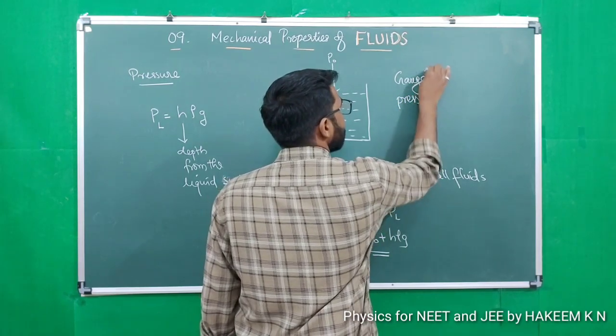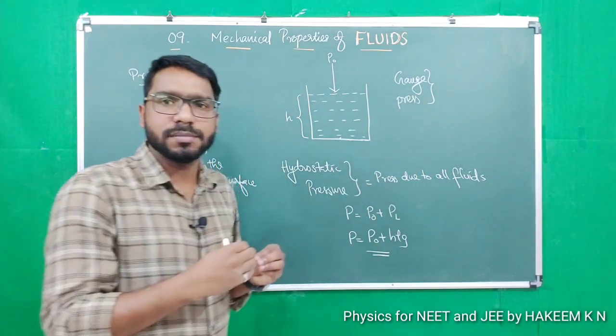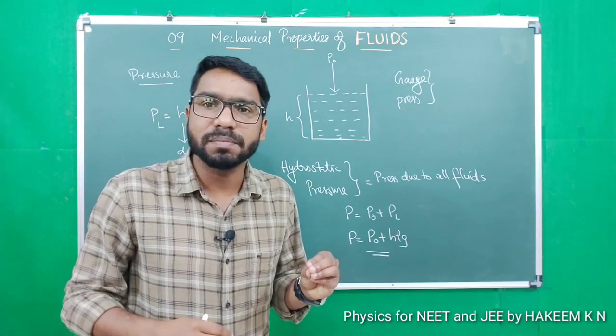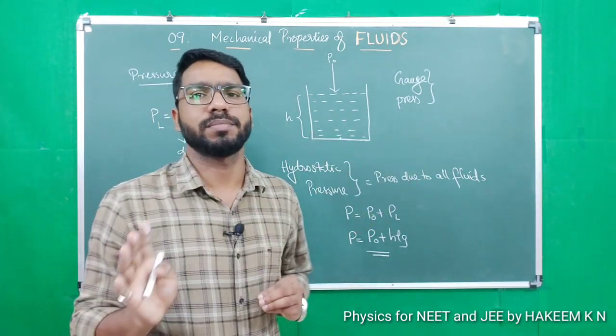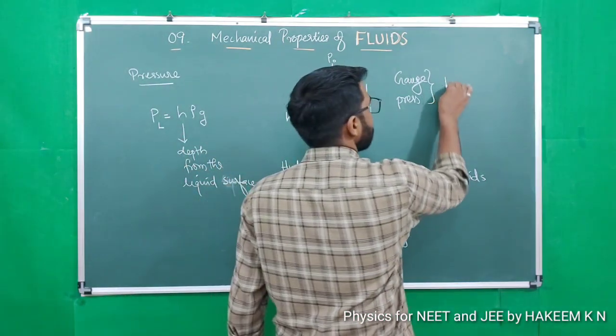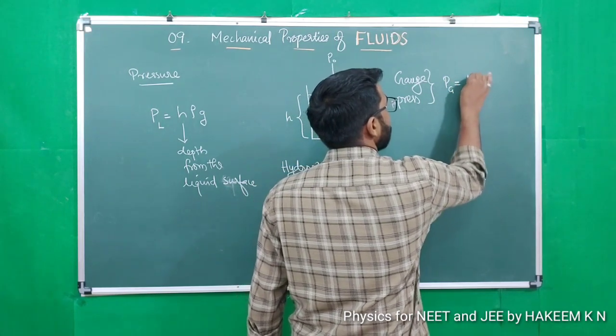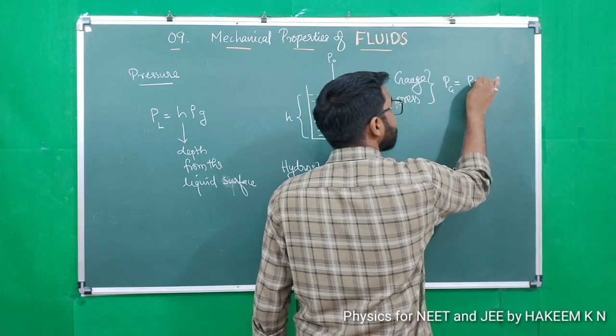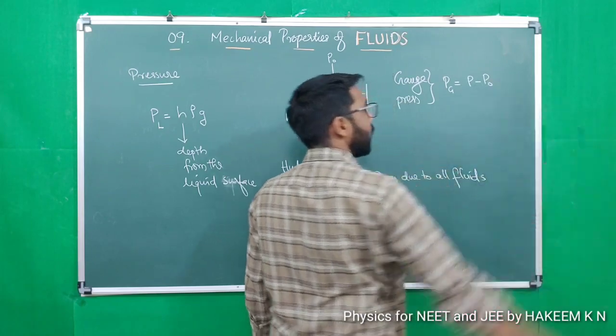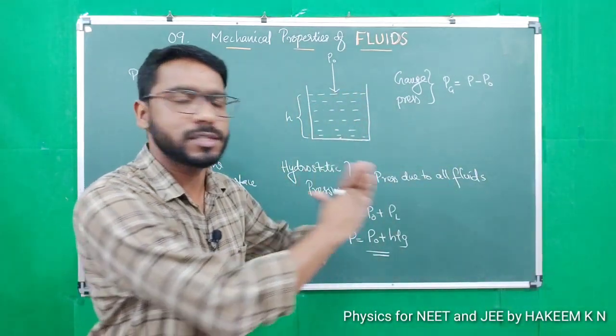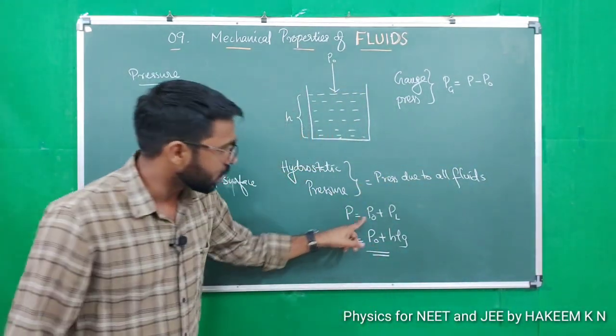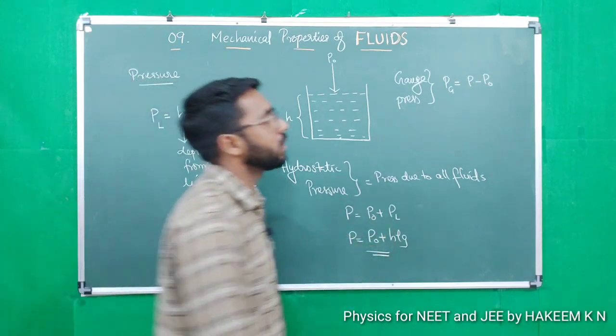Gauge pressure means the difference between hydrostatic pressure and atmospheric pressure, P minus P0, which gives the pressure due to liquids only.